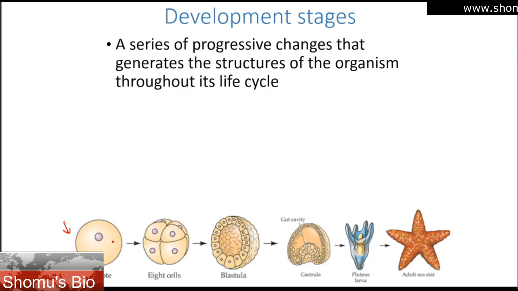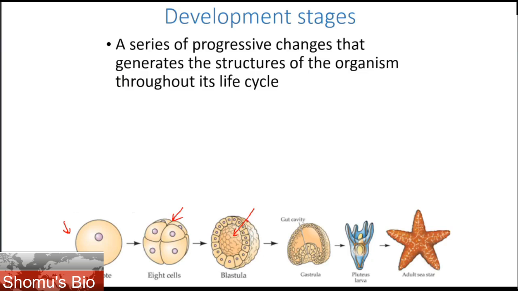Now from there, continued cell division produces a mass of cells which is also known as the morula stage, okay, which is a solid mass of cells, remember. Now all those cells start to separate and are present in the periphery, and the center part becomes a hollow region which is filled with fluid.